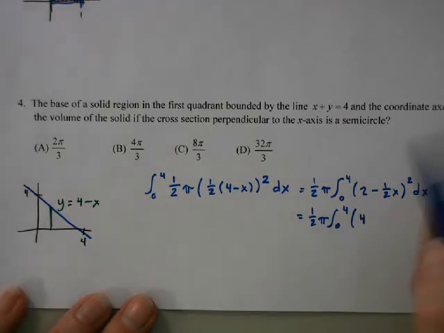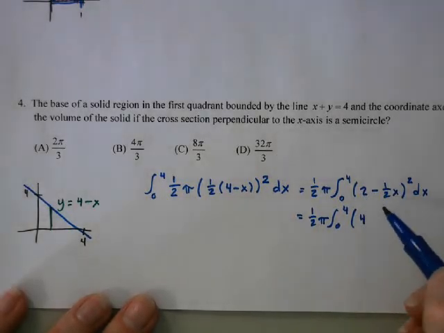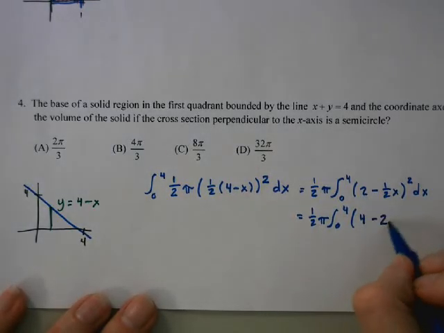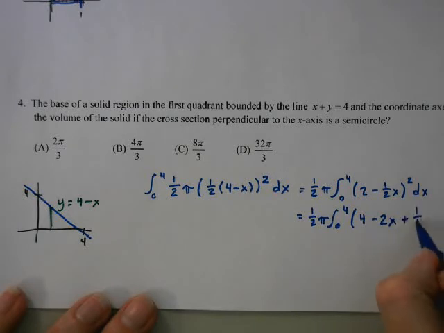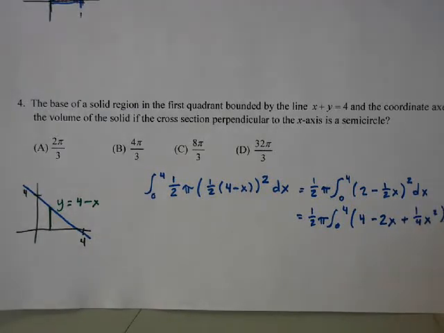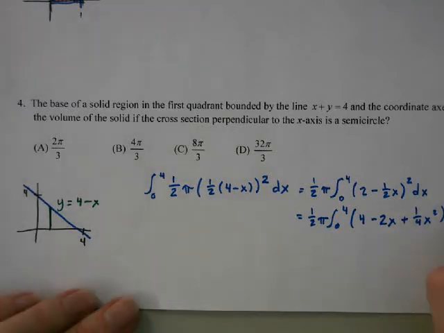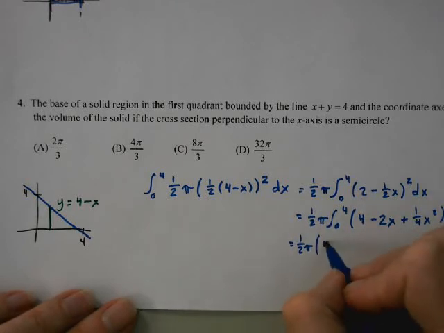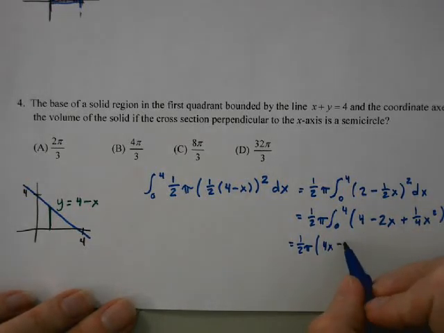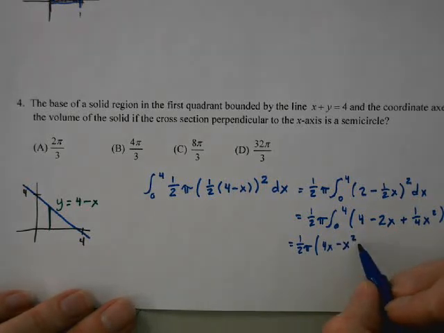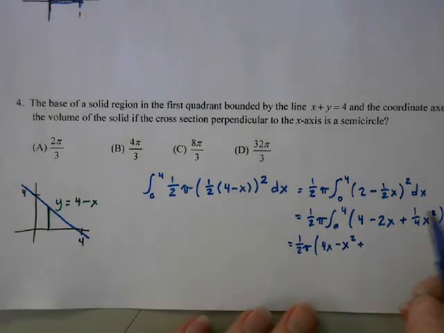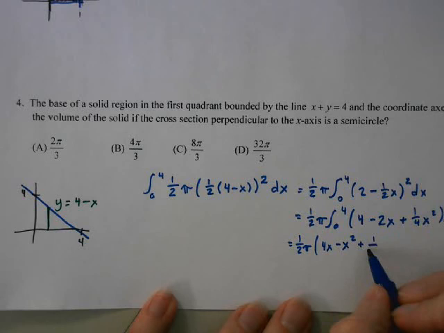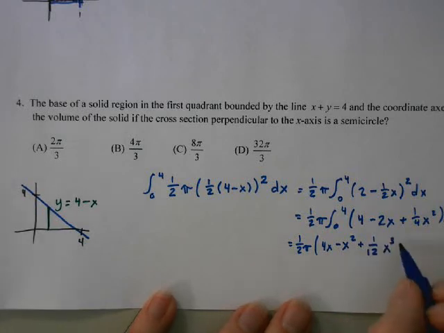So this is going to be 4. If I multiply 2 times negative 1/2 is just 1, and then we're going to have 2 of those. So minus 2x plus 1/4 x squared. So we're going to have 4x minus x squared plus 1/12 x cubed.